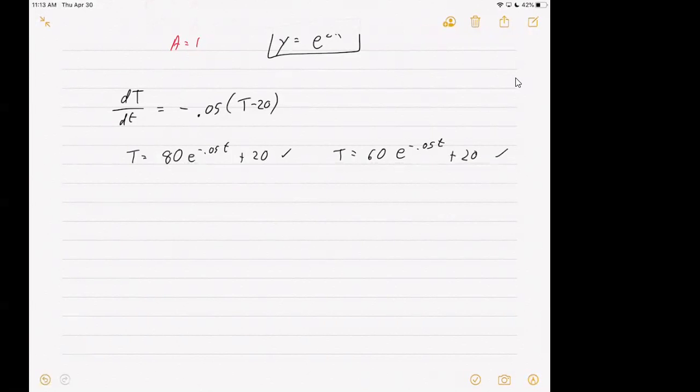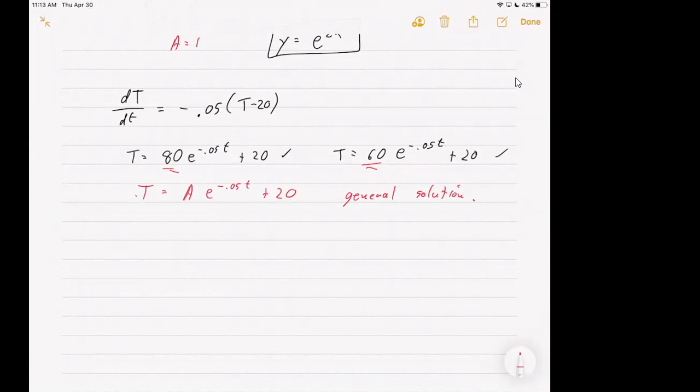So you can see that the only thing that changed between these two solutions was the coefficient in front of the exponential part. And so you might believe that the general solution is T equals a e to the negative 0.05 t plus 20.